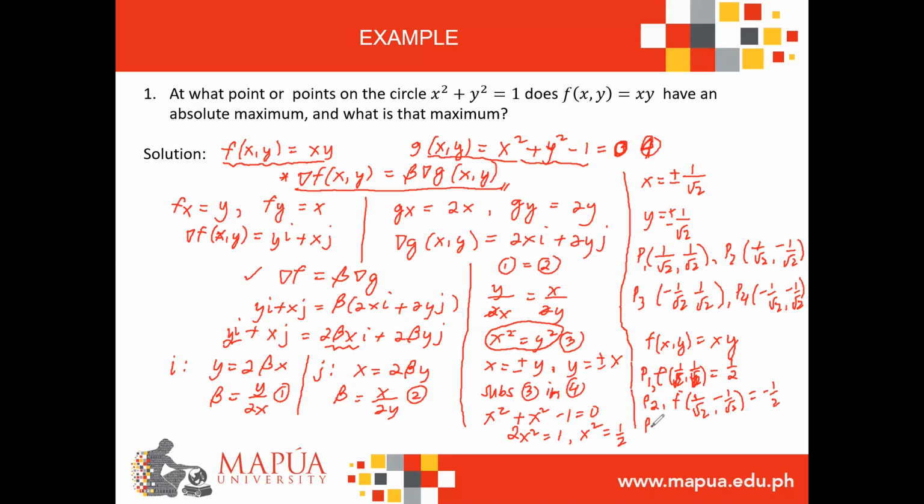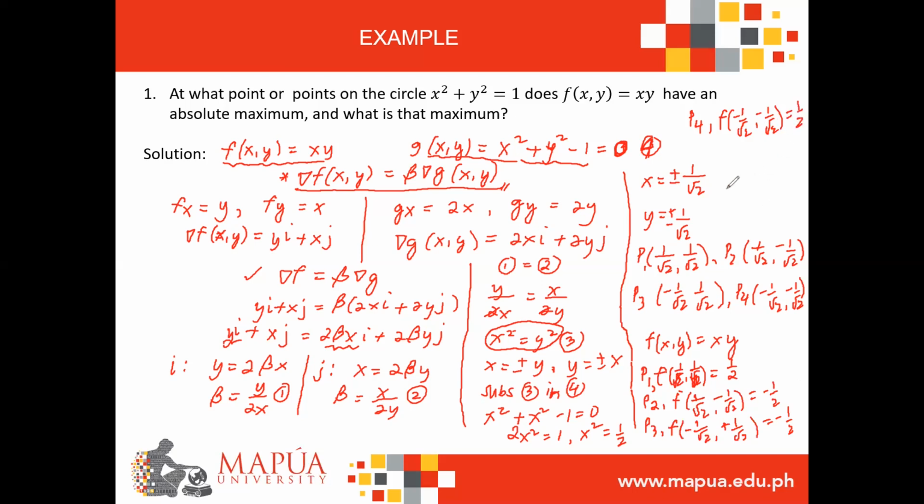Same with the third point now. We're going to make use of f at negative 1 over square root of 2 and positive 1 over square root of 2. The answer is negative 1/2. Then with the corresponding coordinates of P4, the value of f at negative 1 over square root of 2, negative 1 over square root of 2 will be 1/2.